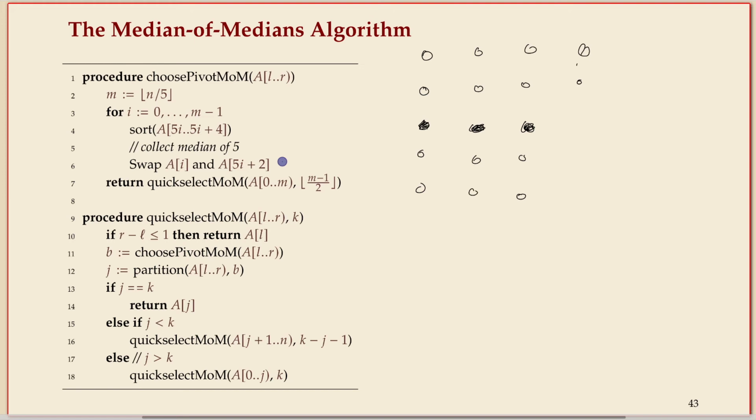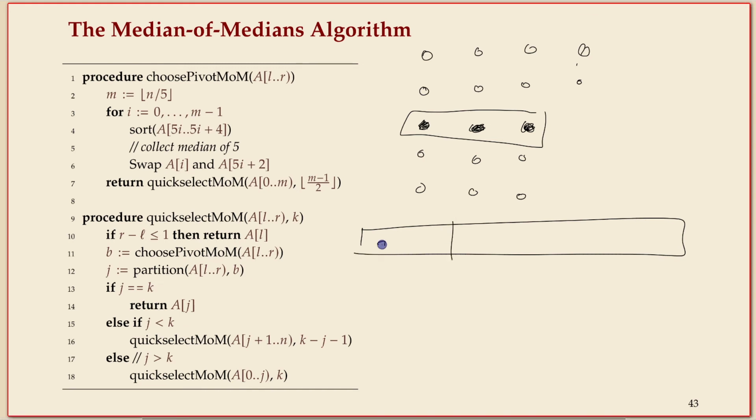And then we take the middle one. So 5i plus 2, that's this black guy. And we swap it to the beginning of the array. That's just to keep all these middle ones together. So I'll take these and put them at the beginning of the array. And all the others are behind that. OK?